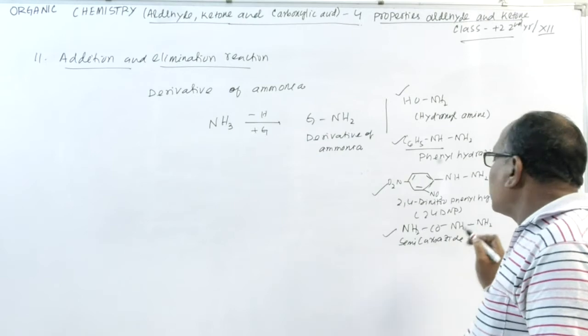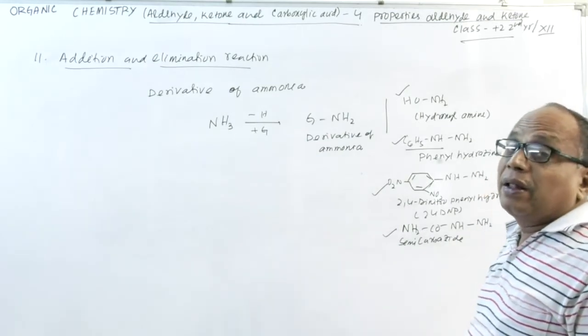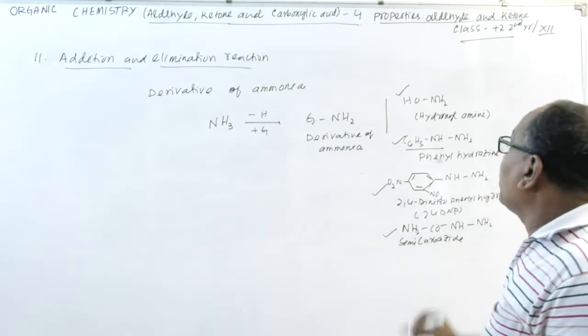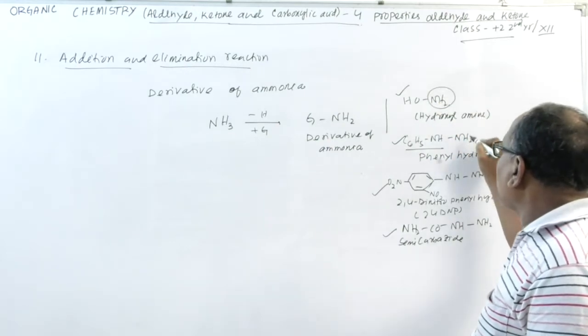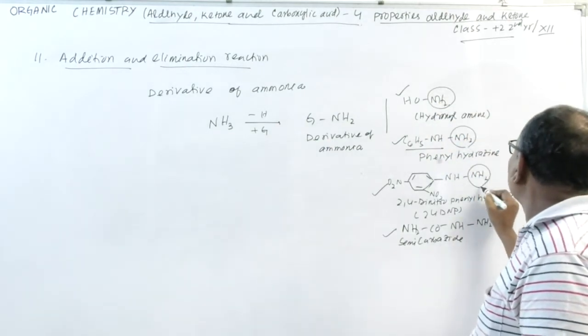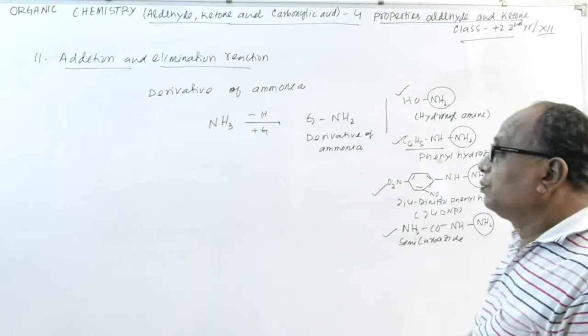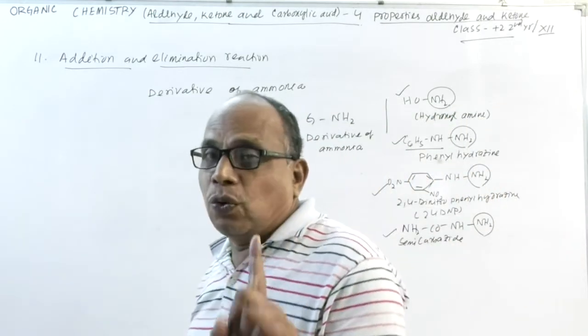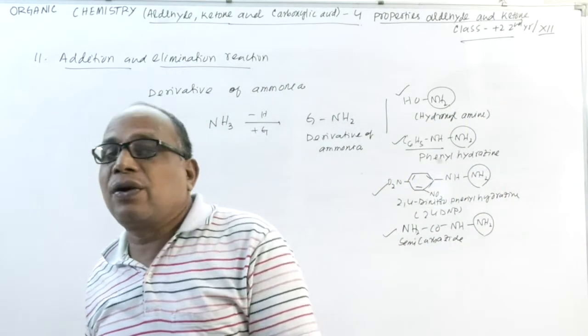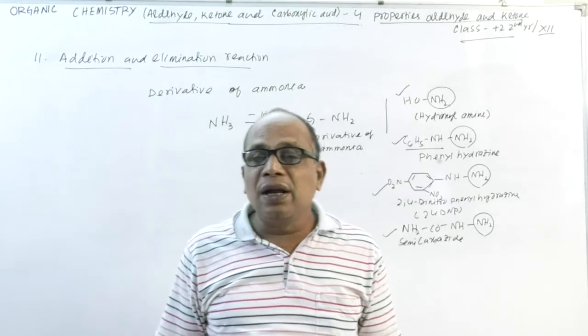These are all derivatives of ammonia, and each derivative of ammonia must contain an NH2 group. This NH2 group is added across the carbonyl double bond.